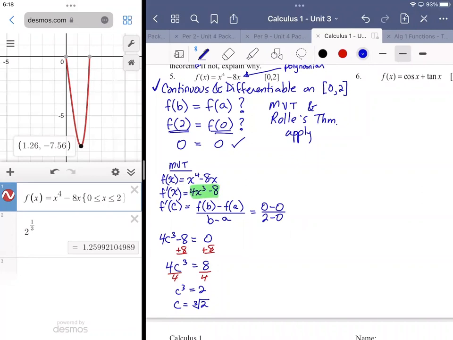Now Rolle's theorem would tell us that if we took the derivative, and we did, so we have all the same work here, knowing that the endpoints have the same height, the same y value, there must be a point along this domain where the derivative is equal to 0.